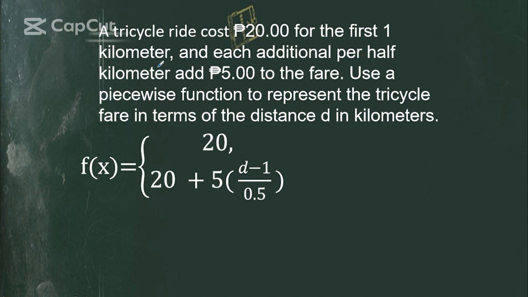But if more than 1 kilometer, there is an additional fare of 5 pesos per half kilometer beyond that. So, use a piecewise function to represent this. What you will use is in terms of the distance d in kilometers. So, instead of f of x, we will use this time f of d.